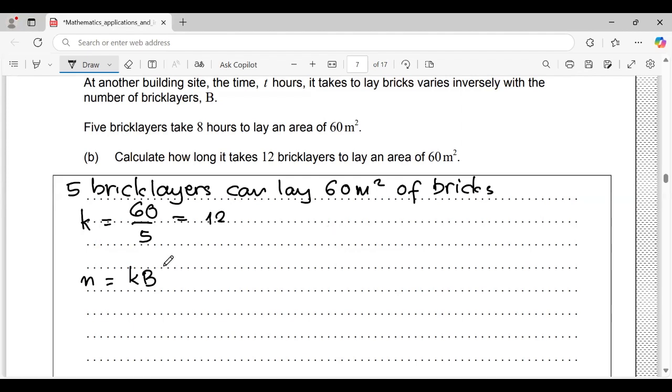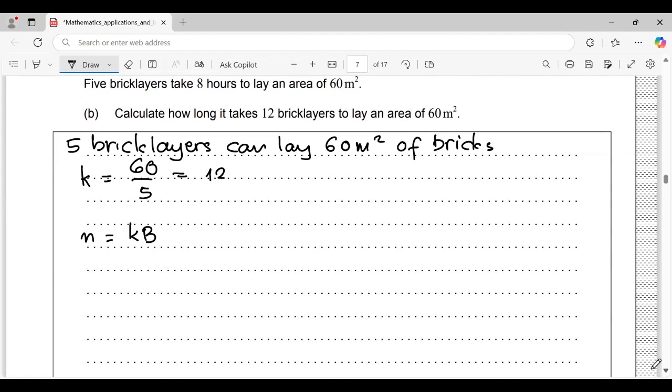N is the number of square meters of bricks and B is the number of bricklayers. K is the constant of proportionality, this one, 12. Right.